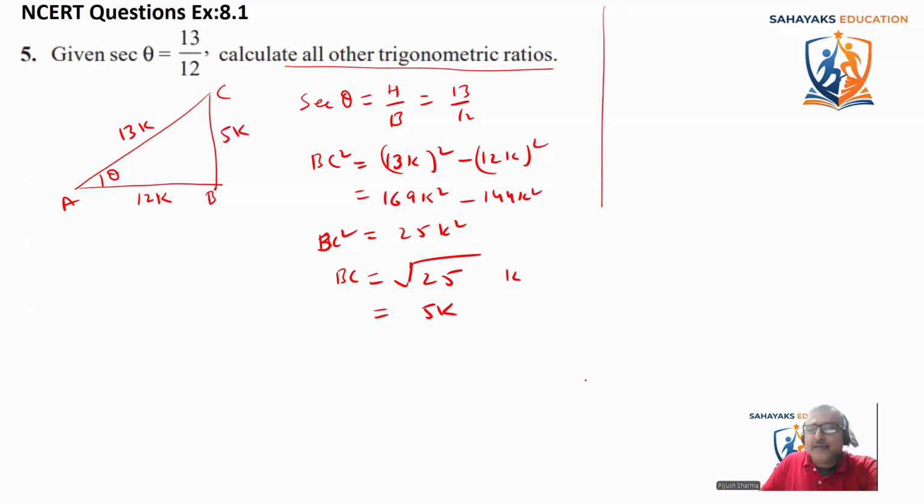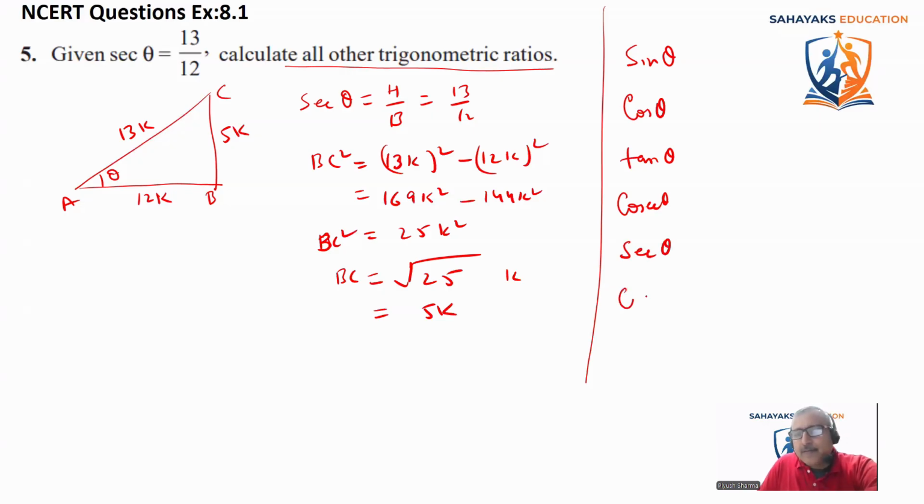Now we have to find the trigonometric ratios. Let's say sine theta, cos theta, tan theta, cosec theta, sec theta, and cot theta is equal to. Let's keep on finding values. It is perpendicular by hypotenuse.